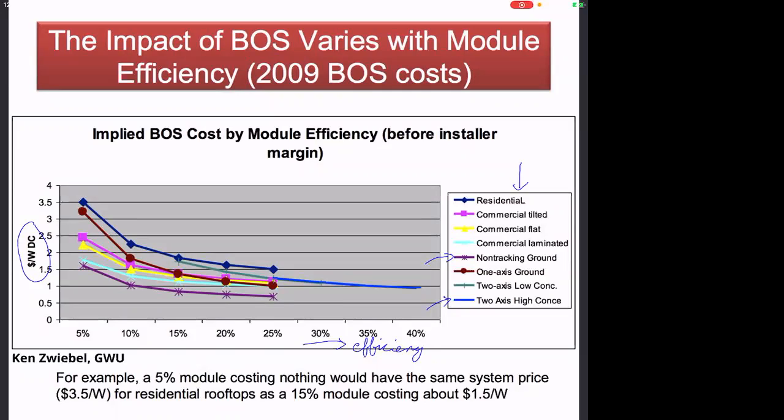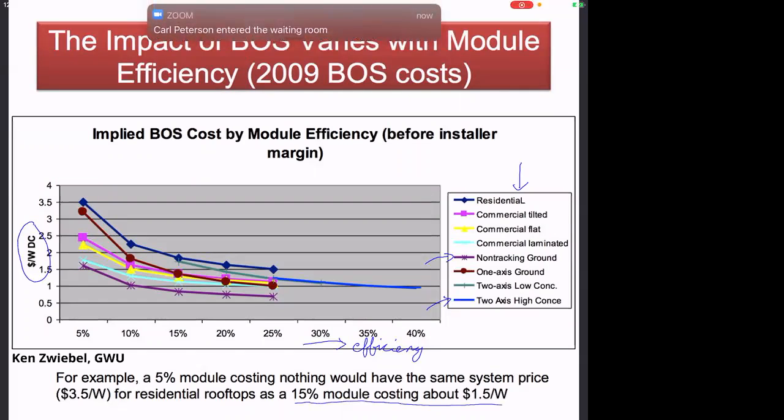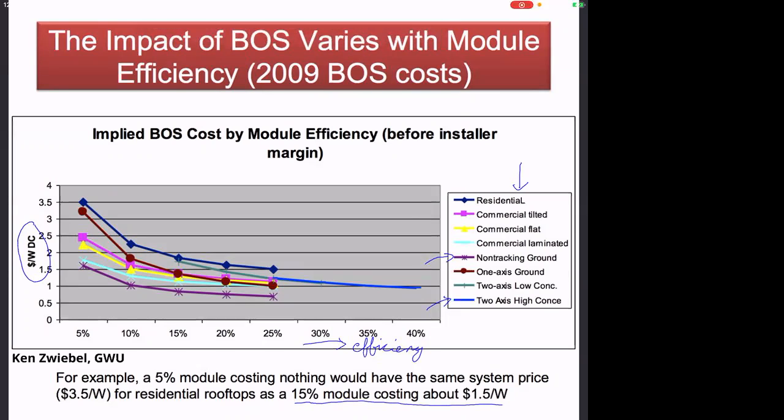Now, what does that mean? That means that if you are a module manufacturer and you have a 15% efficient module, you can charge $1.50 per watt for that module. However, that would be equivalent to giving away for free a 5% efficient module.